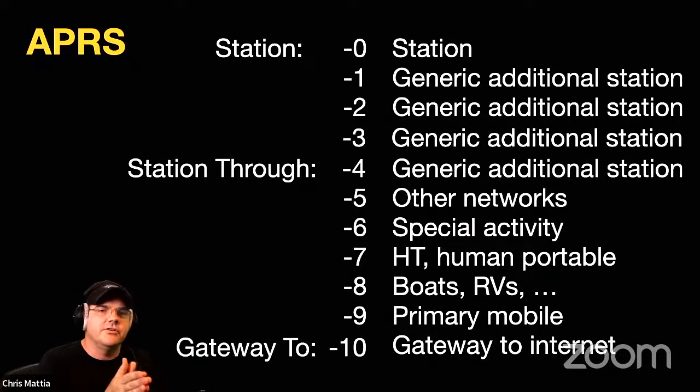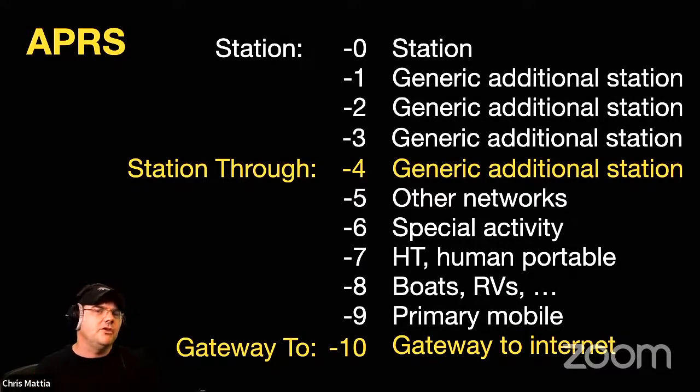A general station is generally -0, and so usually the 0 gets clipped off. But then slots 1 through 4 are designated within APRS as generic additional stations. Number 5 is other networks, and so forth. There's a lot of different options here.